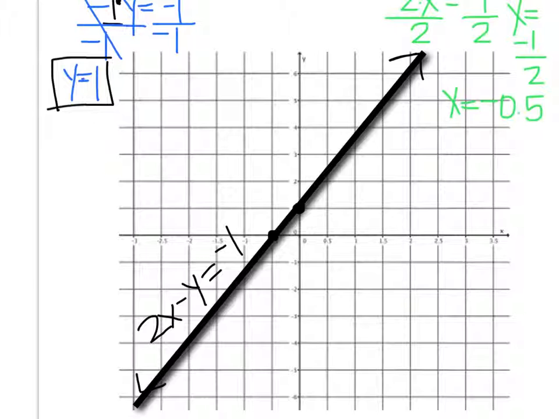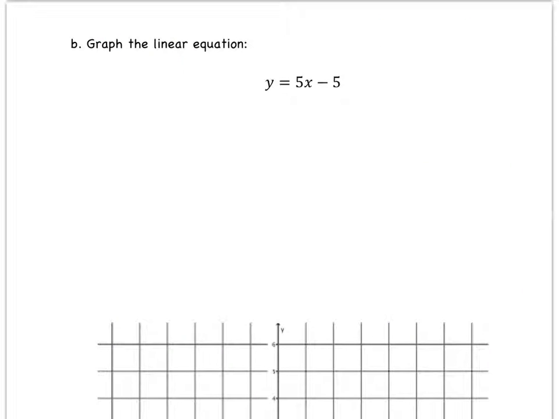Okay, so now let's go ahead and look at our next equation, which is y equals 5x minus 5. So remember before when we always say a line should look like y equals mx plus b. That's the easy way to graph. My equation is set y equals, so now I can go ahead and graph using what I know about this equation.